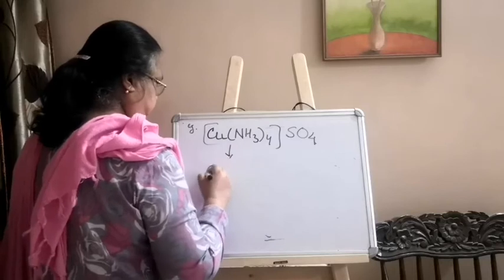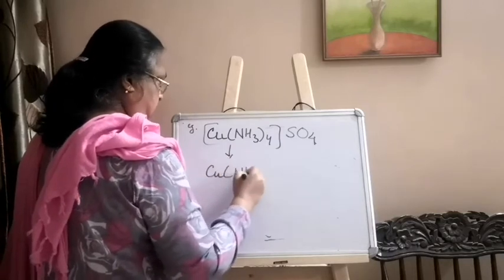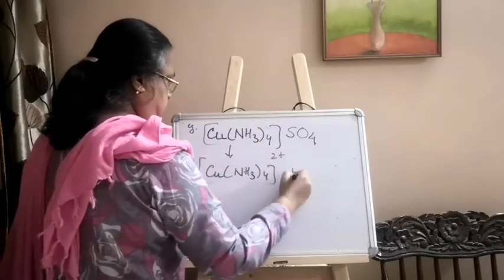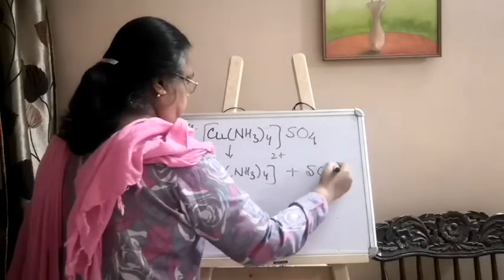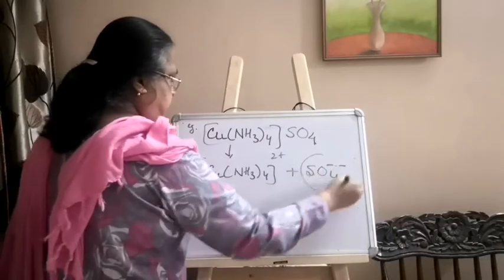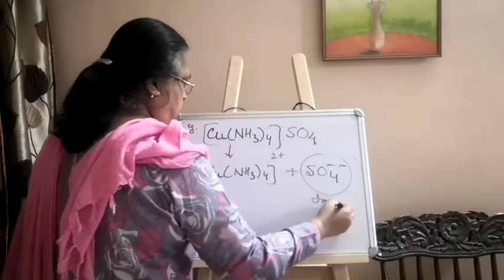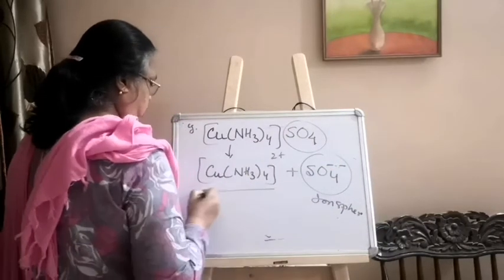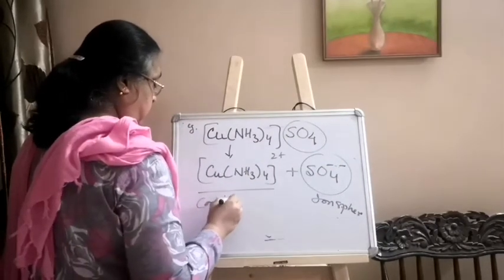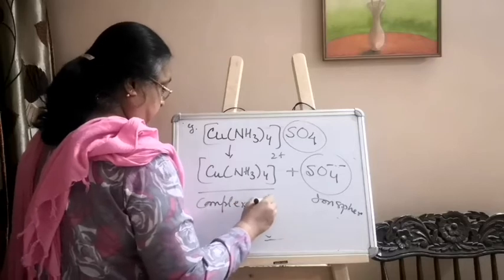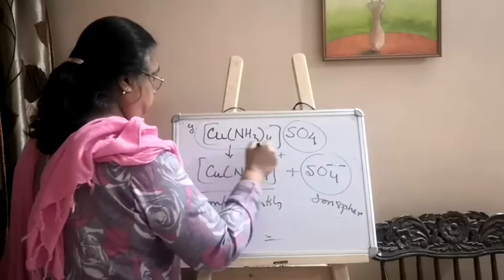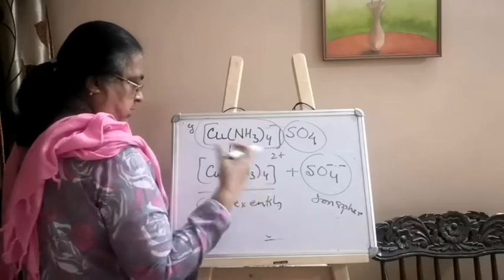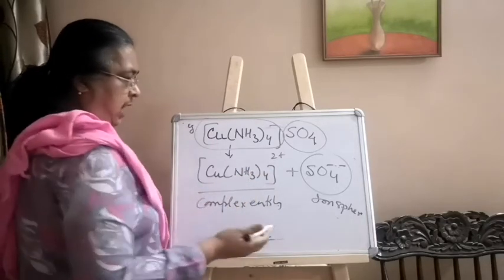If you write the ionic structure, it is 2 positive and sulfate 2 negative. So this is the ionosphere and this is the complex entity. The complex entity is positive, so it is a cationic complex ion, and this is the ionosphere.